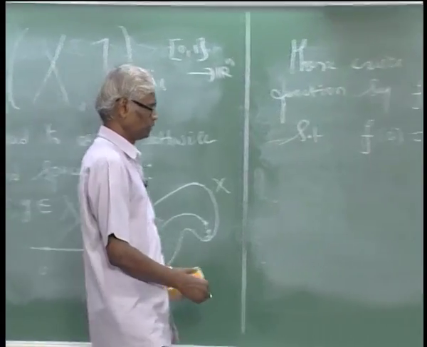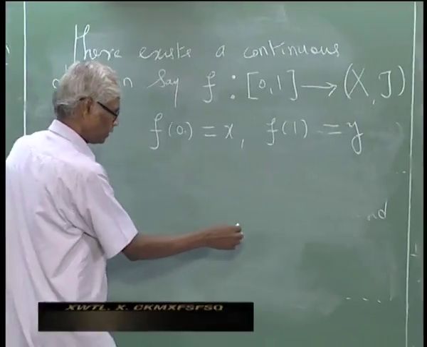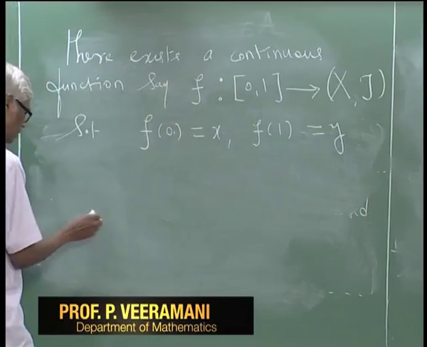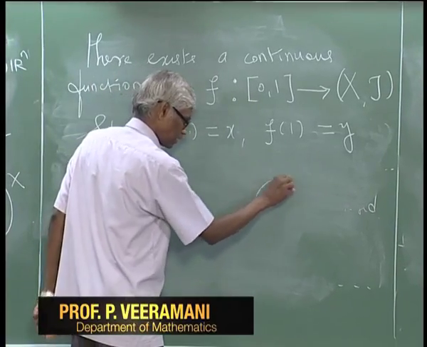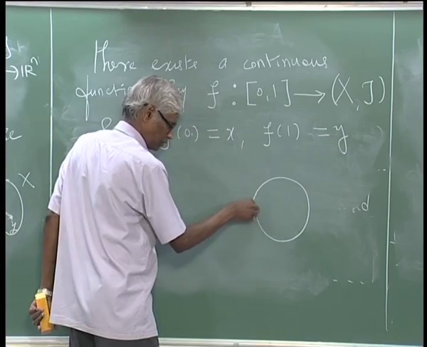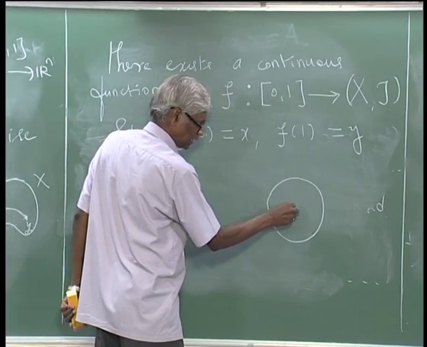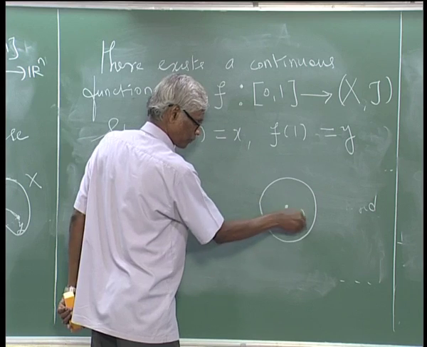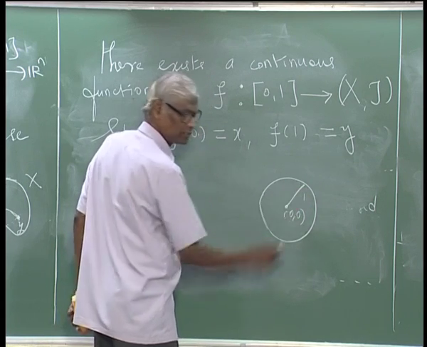So, for example, consider the disk in R2, with center at (0, 0) and radius 1.